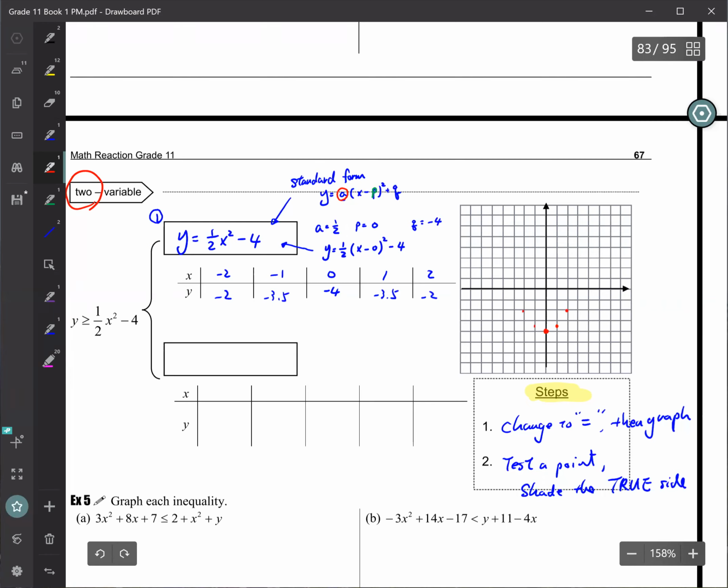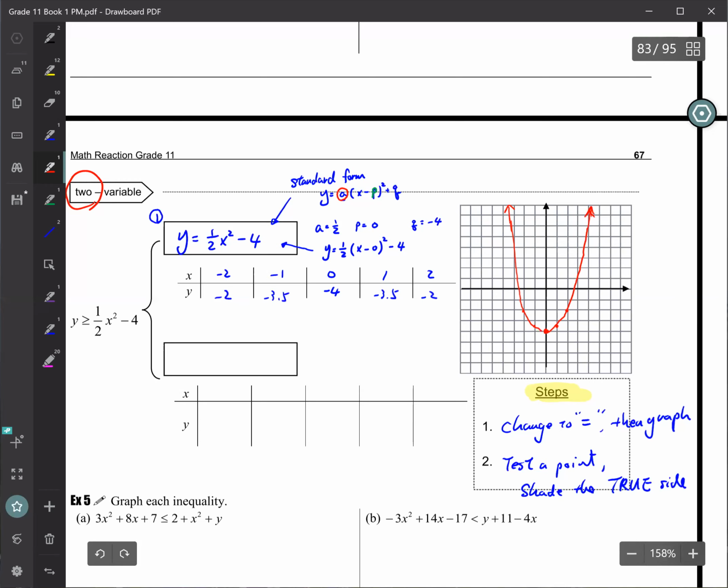This one is a solid line, right? This has an equal sign. Remember your graph, please draw to the edge.